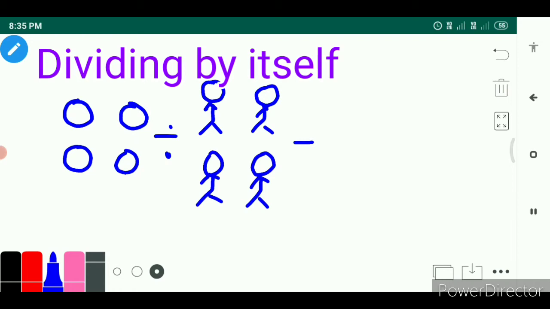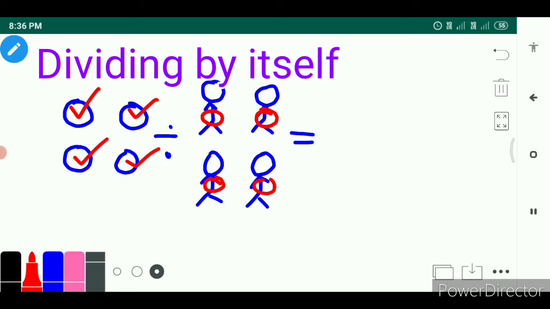Then each person will get how many balls? This ball will be taken by that person, and so on for each ball. That means each person will get 1 ball, right?